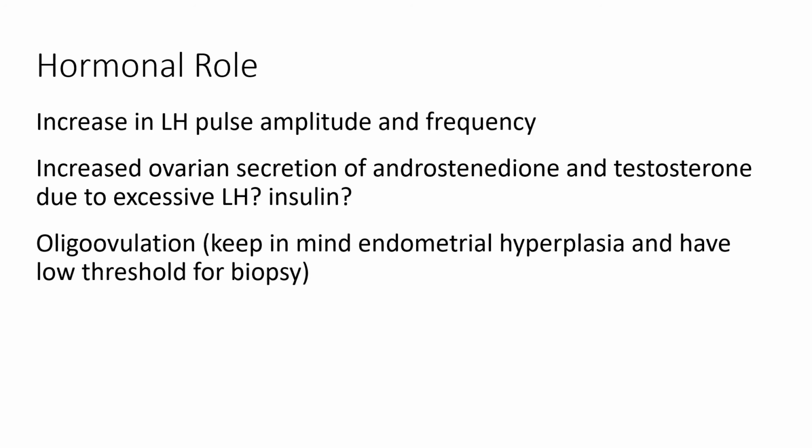And how we get there is an increase in LH pulse amplitude and frequency, which increases ovarian secretion of androstenedione and testosterone. This may be due either to the excessive LH or insulin. The bottom line is that there will be oligoovulation. Always keep in mind that you should look at the endometrium for hyperplasia and have a low threshold for biopsy.